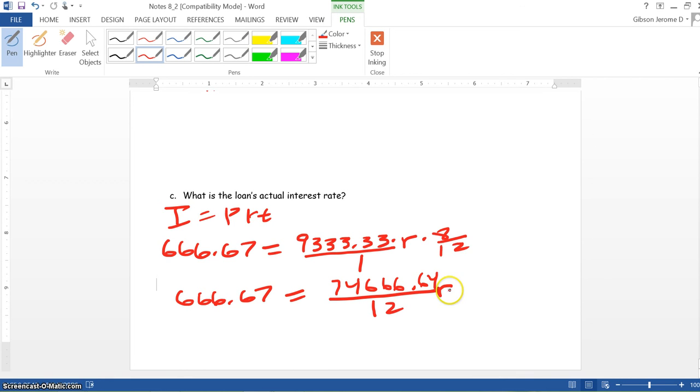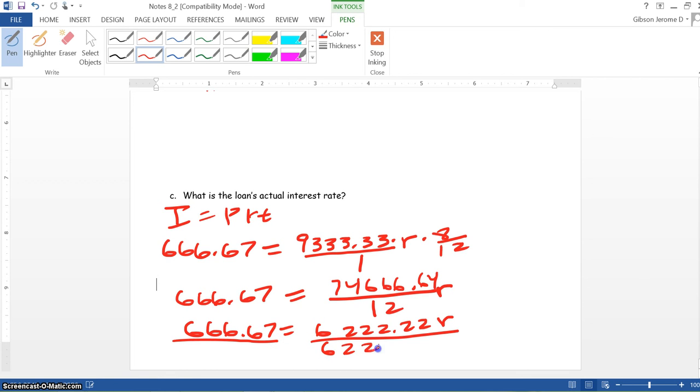Now that would be divided by 12 and multiplied by R. Now if you put this in your calculator, when you divide this number by 12, this will give you $6,222.22 times R.